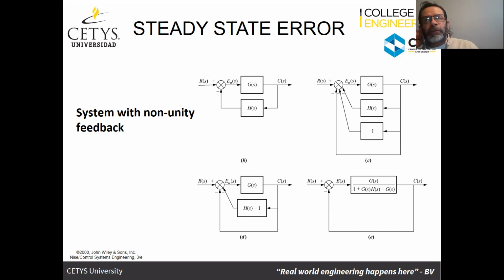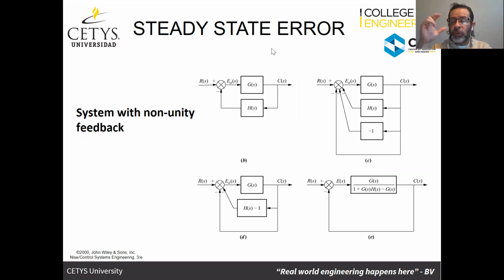Okay, thank you. So we're going to finish up the steady state error topic. And let's look at the following situation. Up to this point, the only types of transfer functions we were looking at were forward transfer functions of unity feedback systems, meaning there was no transfer function in the feedback loop.